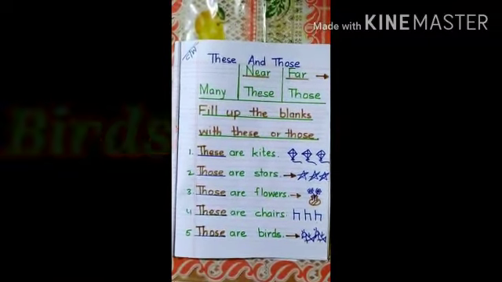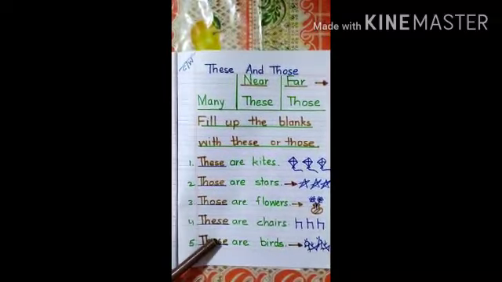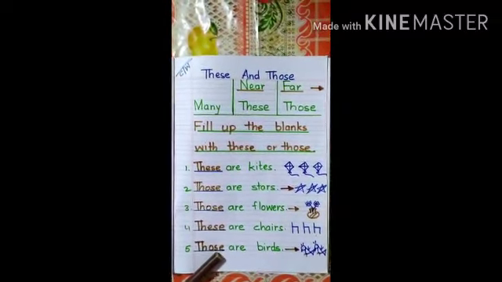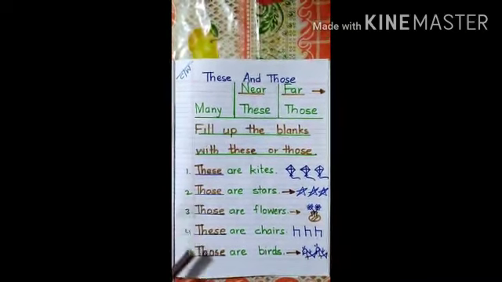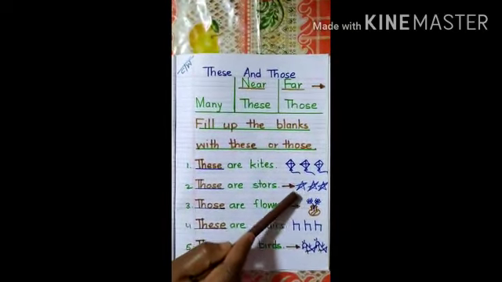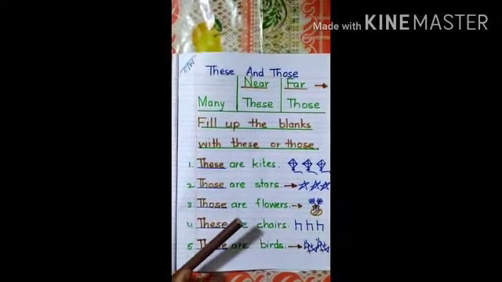So go on revising this children. And what you have to do children? The same thing what you have to do, you have to copy down in the English FW copy. Children, you have to write all this. The drawings also have to be done by the children as well as the coloring.